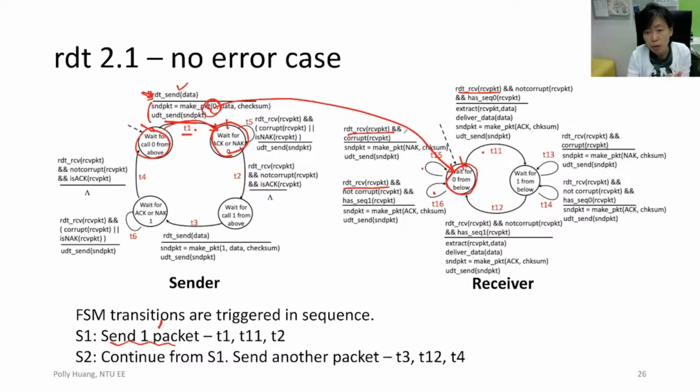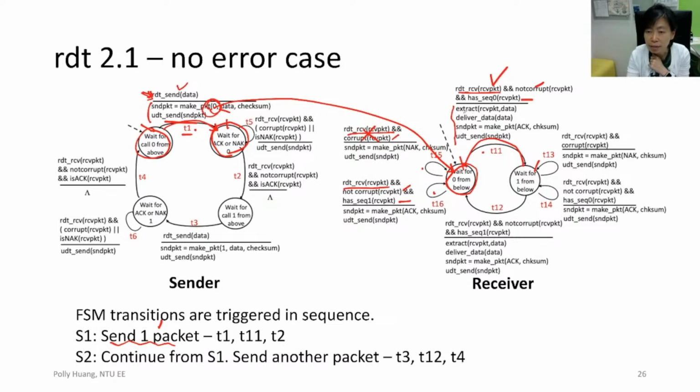But exactly which one is triggered depends on checking whether the packet is corrupted or not. We're assuming no error, so this one is not possible. This one passed to this point, this one passed to this point, but there's one more check: is the packet sequence number 0 or sequence number 1? Here, we are generating sequence number 0, therefore eventually this transition wins. So we'll be taking T11 over here, taking all these actions and moving the receiver to the state wait for 1 from below.